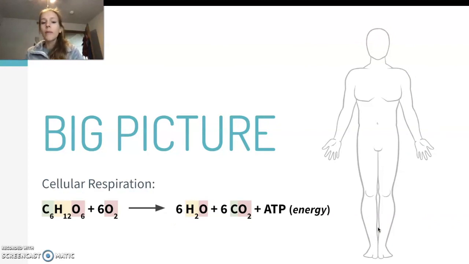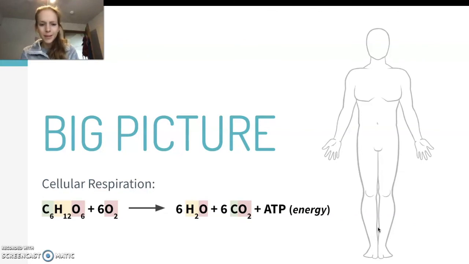Now, it's important to remember that cellular respiration is not just a human thing. This is going to happen in plants as well, because any organism that does things like growing, reproducing, maybe moving around, maybe making sounds, things like that that require energy, is going to have some way to break down food and produce that ATP to do work.